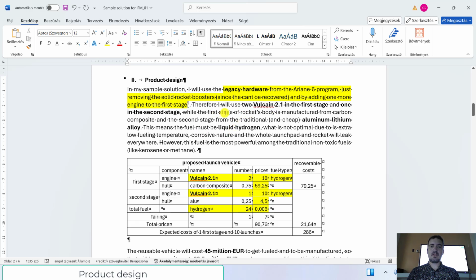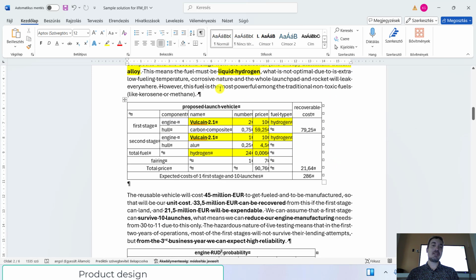So this can also be different in your case. And that means the fuel must be something for you. For me it's liquid hydrogen, which is the worst possibility. Theoretically I could feed liquid methane into it, but okay, let's use the legacy fuel. Corrosive, low temperature, it provides all the leakages. So the most terrible thing, but this is the most efficient.